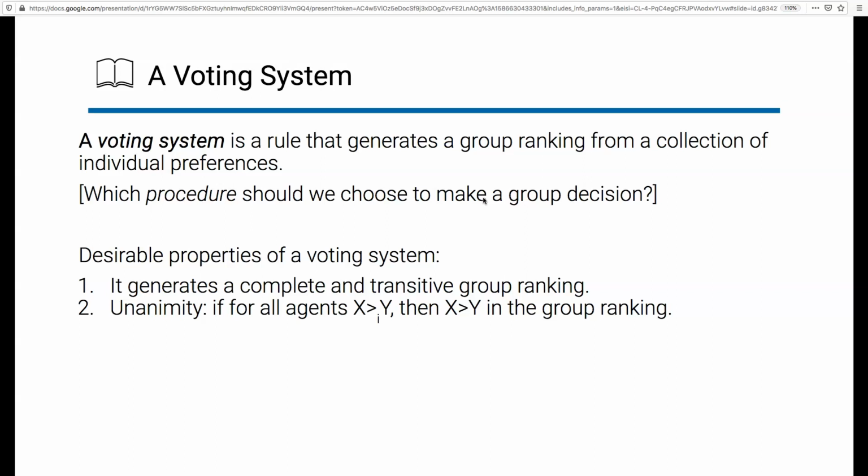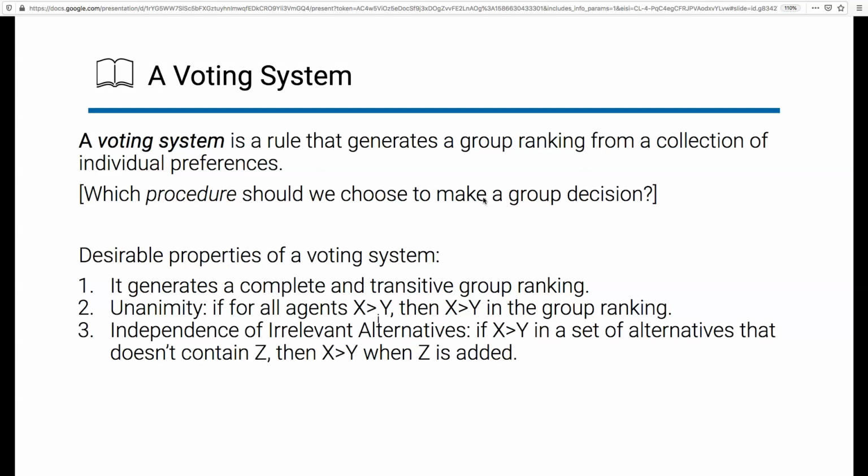And finally, we would like a certain property that's called independence of irrelevant alternatives. And that means that if the voting procedure, the voting system, generates a preference of X over Y in a set of alternatives that doesn't contain Z, then X should still be preferred to Y when Z is added.